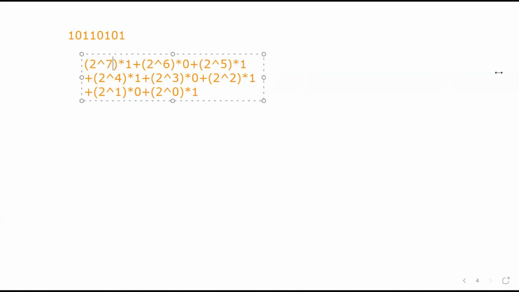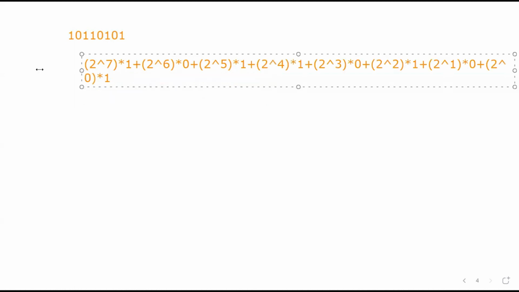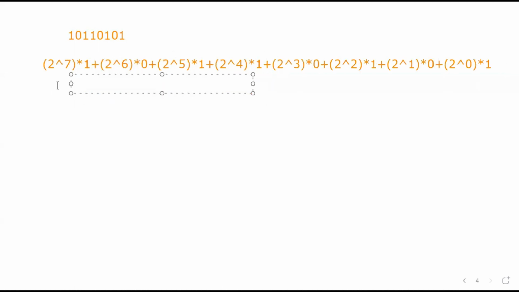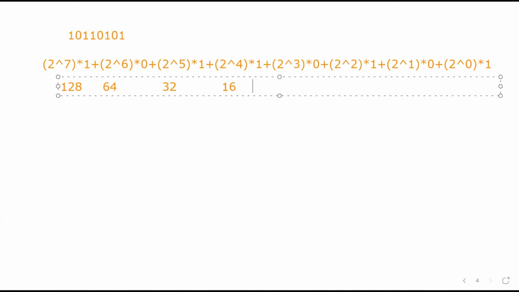Now again resolve this. What value comes? 2 to the power 7 is 128, then 64, 32, 16, 8, 4, 2, 1.